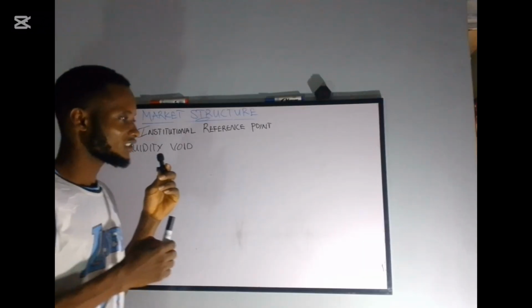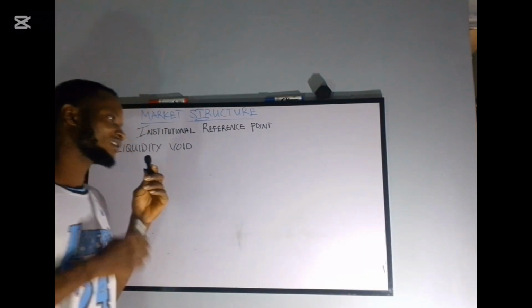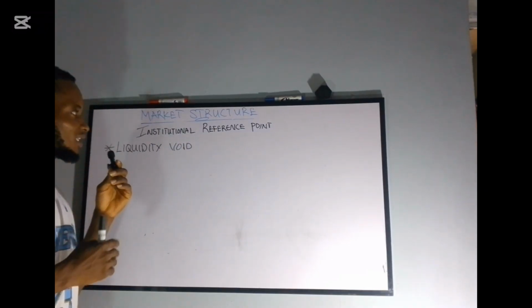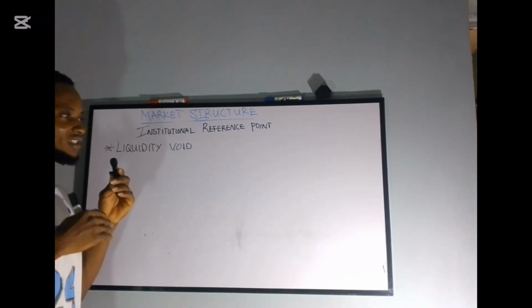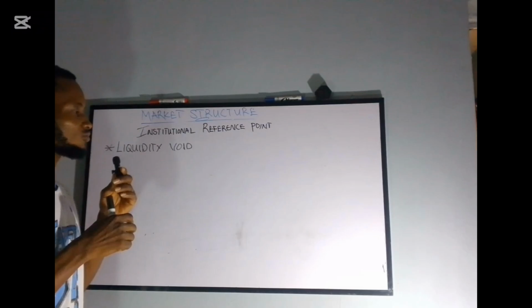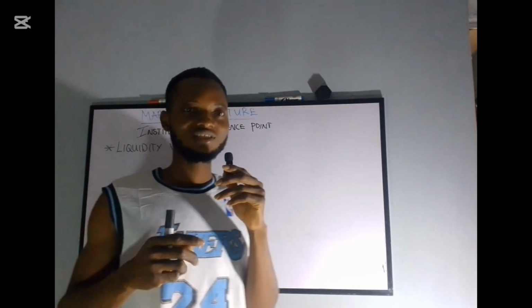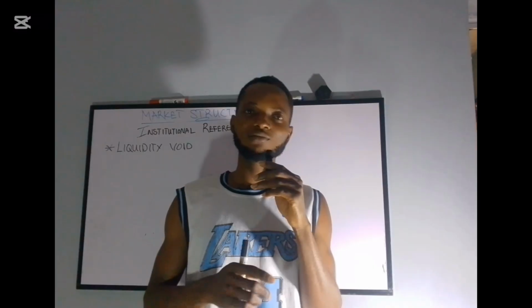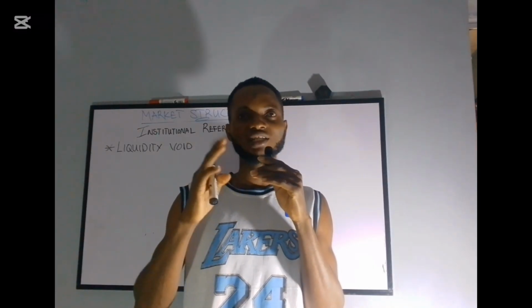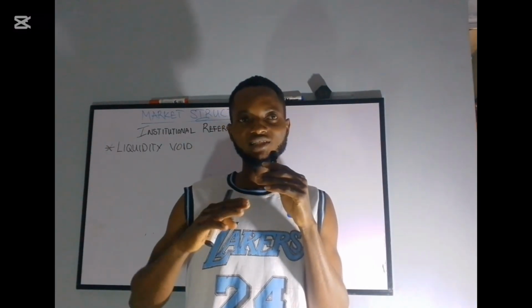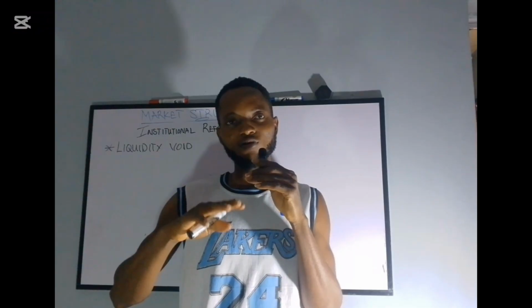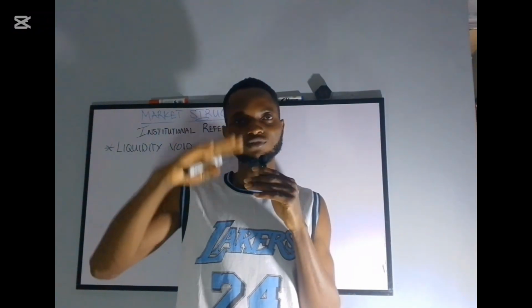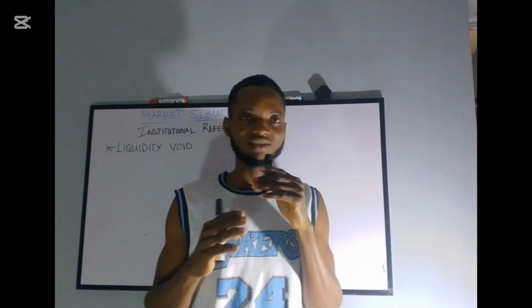A liquidity void is a significant imbalance in the market. This is when price moves rapidly in a direction. It is an abruption in price movement, a rapid price movement in a particular direction, leaving behind an imbalance or a space, a gap between the buyers and the sellers.